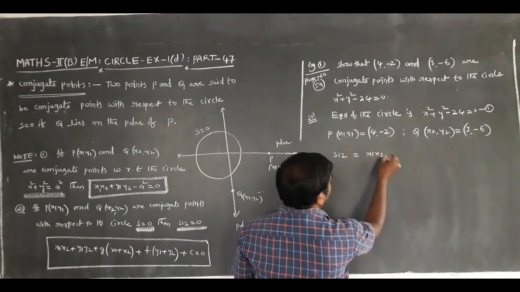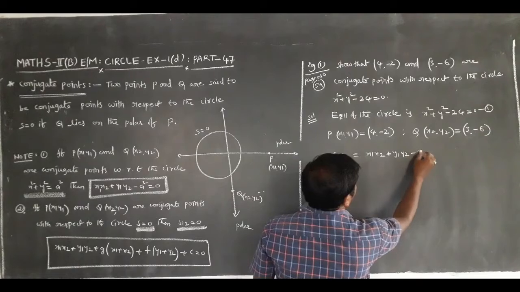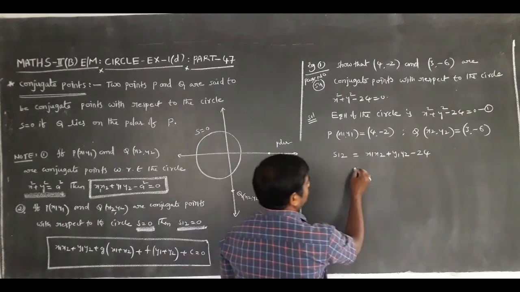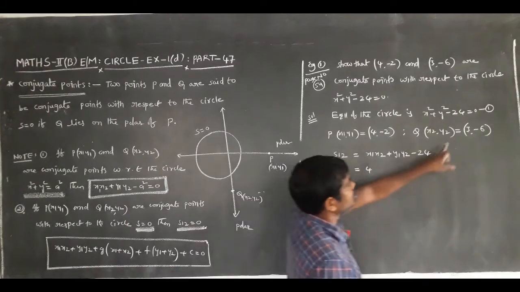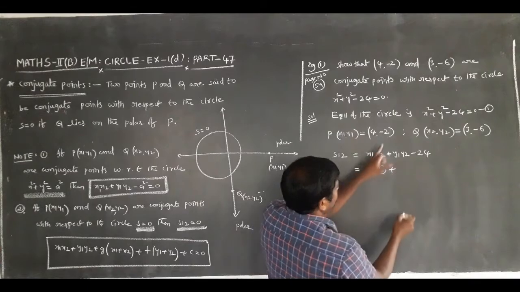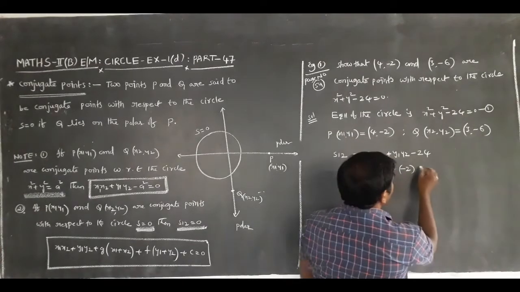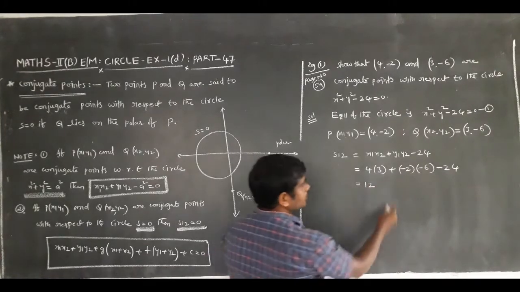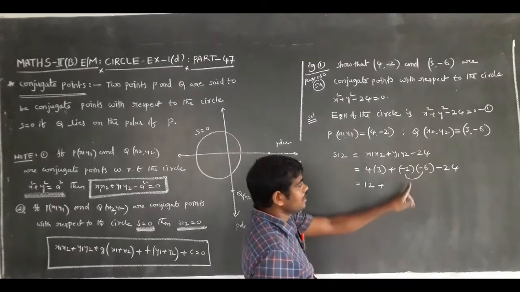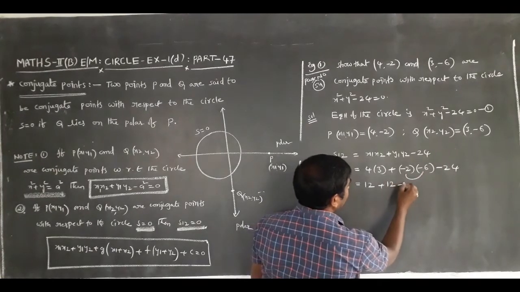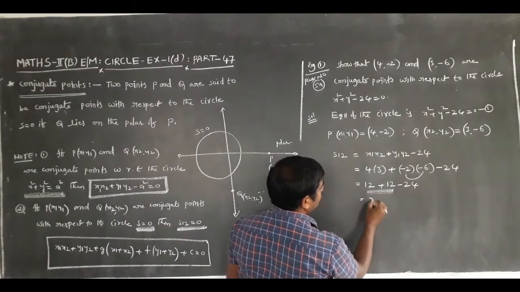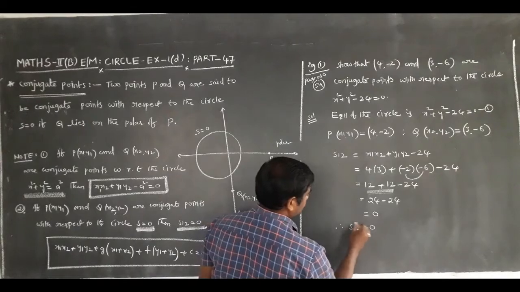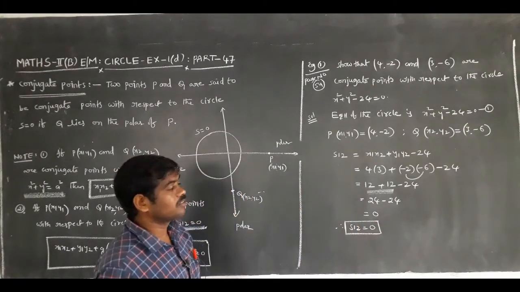S12 means x1x2 + y1y2 - 24. x1 = 4, x2 = 3, y1 = -2, y2 = -6. 4 × 3 = 12, plus (-2)(-6) = 12, minus 24. 12 + 12 = 24, minus 24 = 0. Therefore S12 = 0.